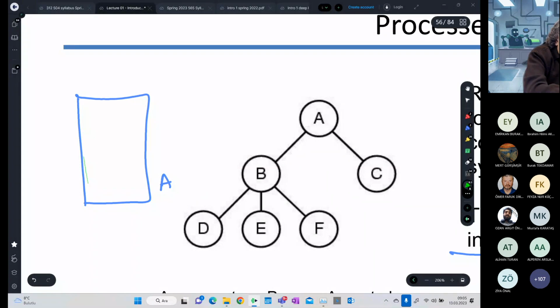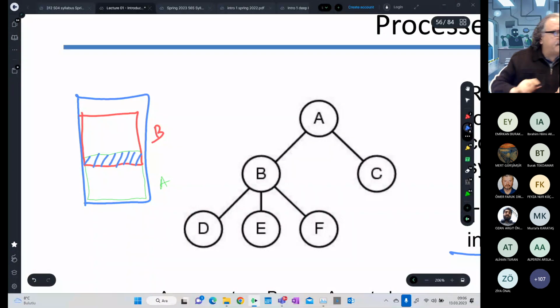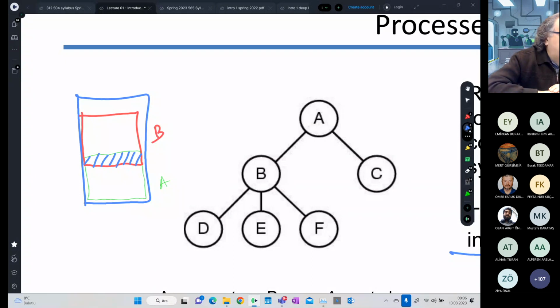This is process A, this part of the memory, and this is process B, this part of the memory. As you see, I am sharing some space between these. If I write some data to the space, A and B can communicate with each other. It is as simple as this, inter-process communication.